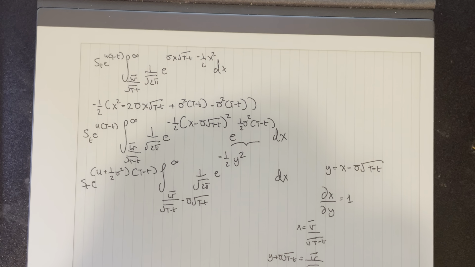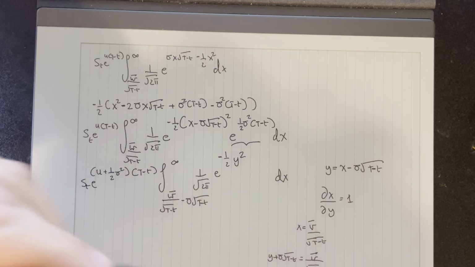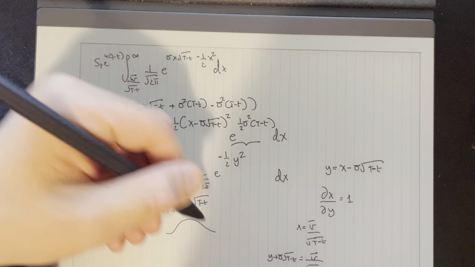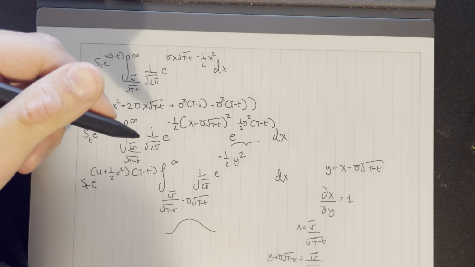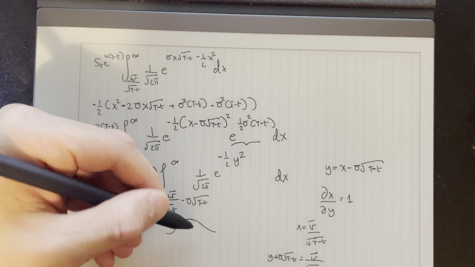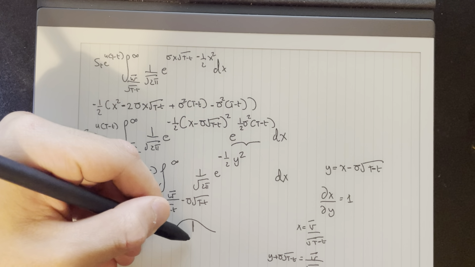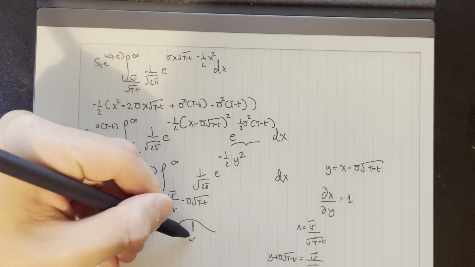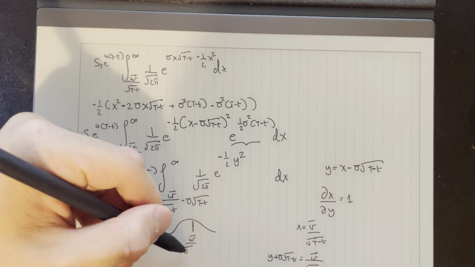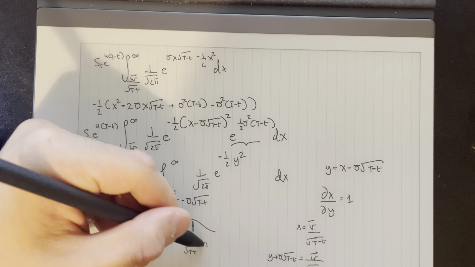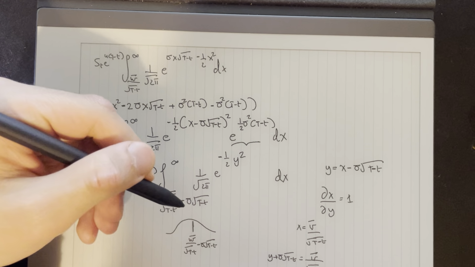So if you think about it, graphically speaking, we have a normal distribution, and we're saying that here is the quantity W bar over the square root of T minus little t, minus sigma multiplied by the square root of T minus little t.